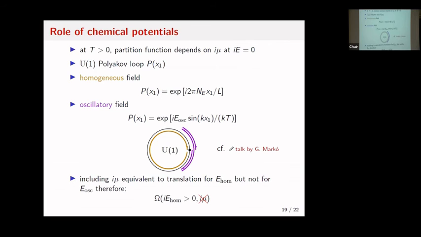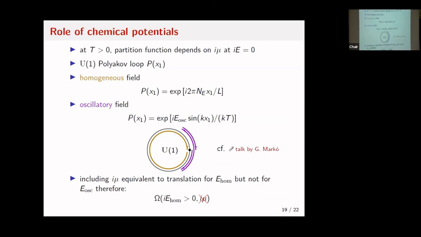You might remember this picture already because it was shown exactly in the talk by Gergely Markó the other day in a completely different context, the flatness of the effective potential. Actually, it's exactly the same thing. And this is where topology comes into the game. We see that the homogeneous field is topological. It wraps around the U(1) circle once, and the oscillatory one doesn't wrap around the circle, it just tries to wrap around it, but turns around all the time.